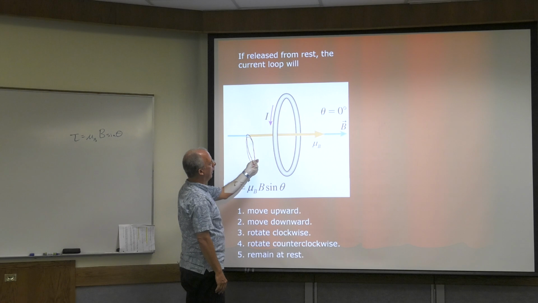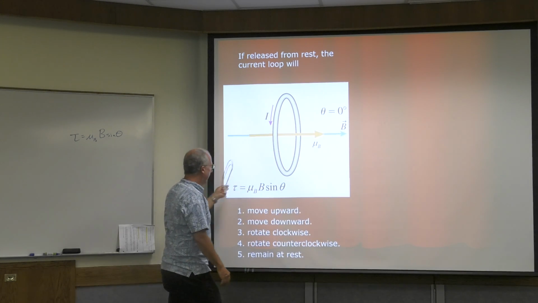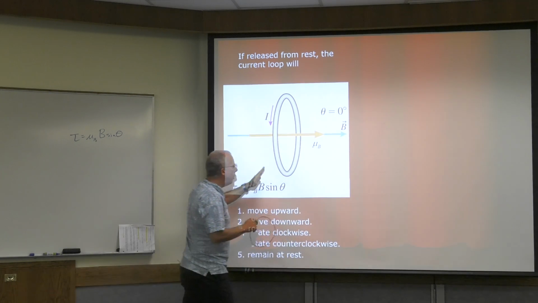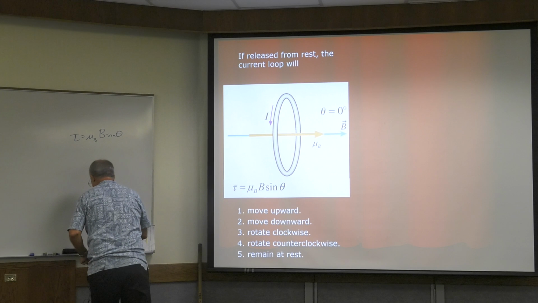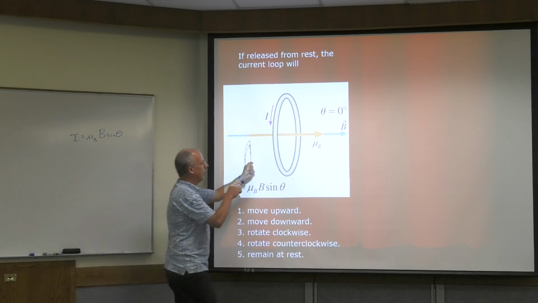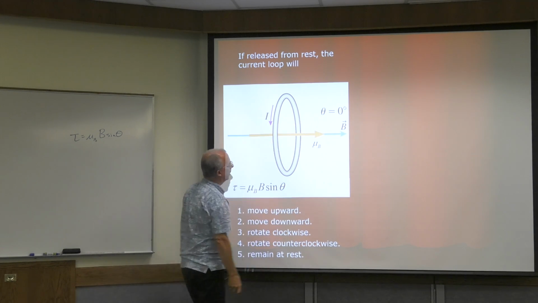So that's what they mean by theta is 0, right? Because remember, what's this mu B? Mu B points normal to the plane of this. Okay? Let me show you.